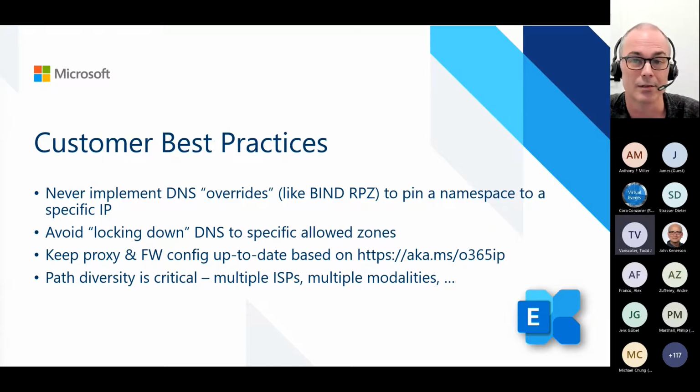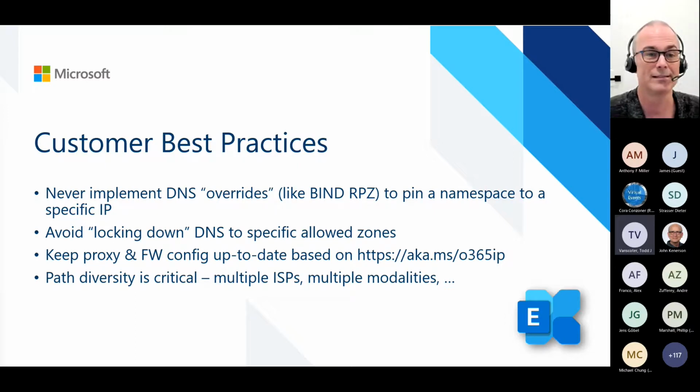Also, ideally, avoid locking down DNS. What I mean by this is we do run into cases where customers will lock down DNS to specific allowed zones, and those don't necessarily align perfectly with the namespaces that we publish on our list of required endpoints for Microsoft 365.